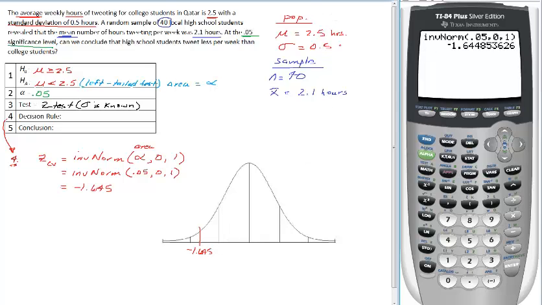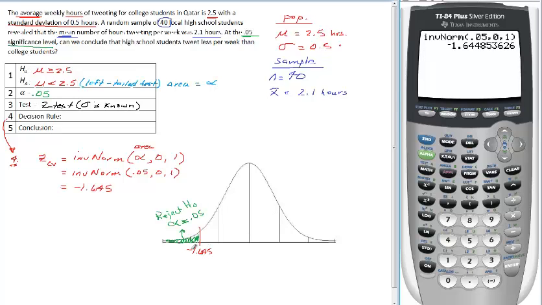What it's saying is that this little area in here is 0.05. This is alpha, which is 0.05. Remember what alpha is: the probability of rejecting the null hypothesis, reject H0. So our decision rule then is going to be what?